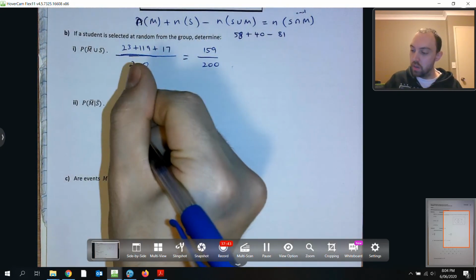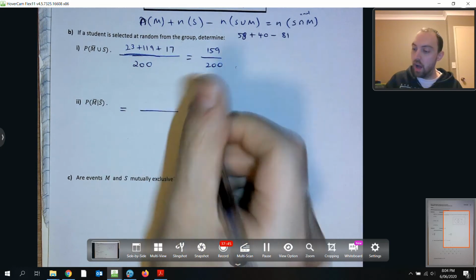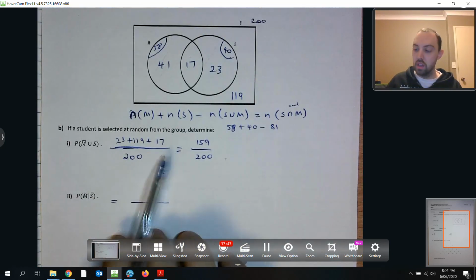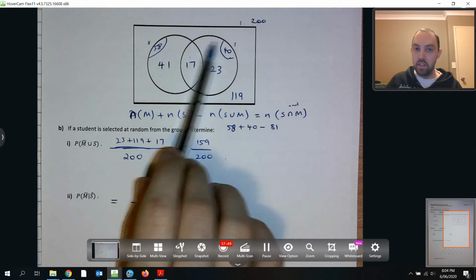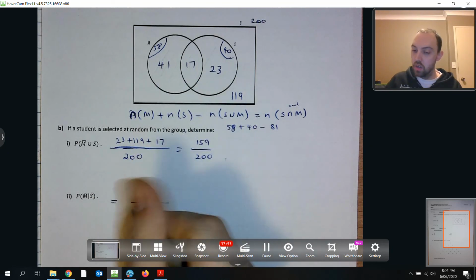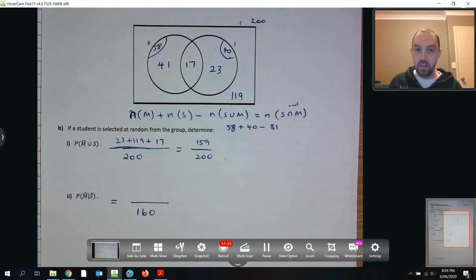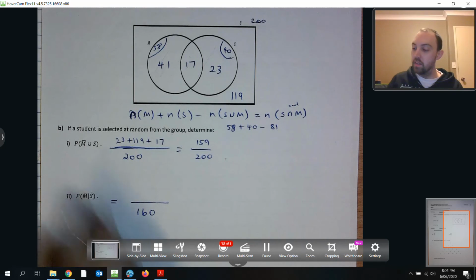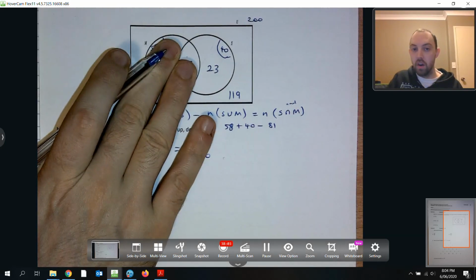And then part 2 here, we've got the probability of not M, given that it is not S. Well, how many people aren't in S? Aren't in S is anything outside of the S circle, so 41 and 119, so 160 in total here.